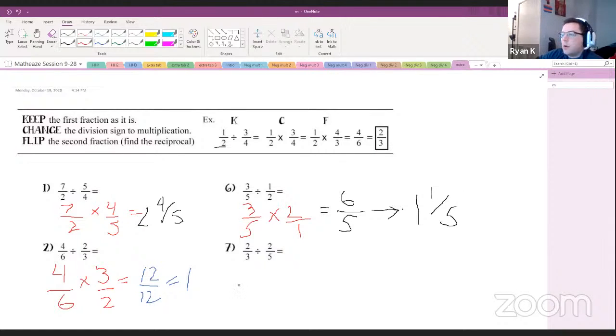All right, last one on this page, we've got 2/3. Gonna change that to a multiplication sign and flip this one. So for the numerator, we have 2 times 5. It's 10. The denominator is 3 times 2, which is 6. We can reduce that down by pulling out a 2.